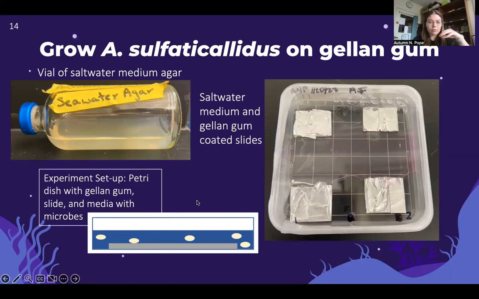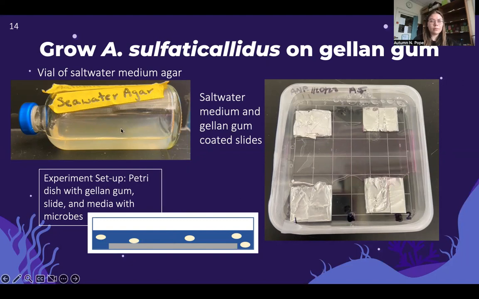It's a powder that you can mix with water and it will solidify. I wanted to pour that onto the slides and then grow microbes, have them get growing separately, and then inoculate these plates with liquid media with the growing microbes. So that was my goal.